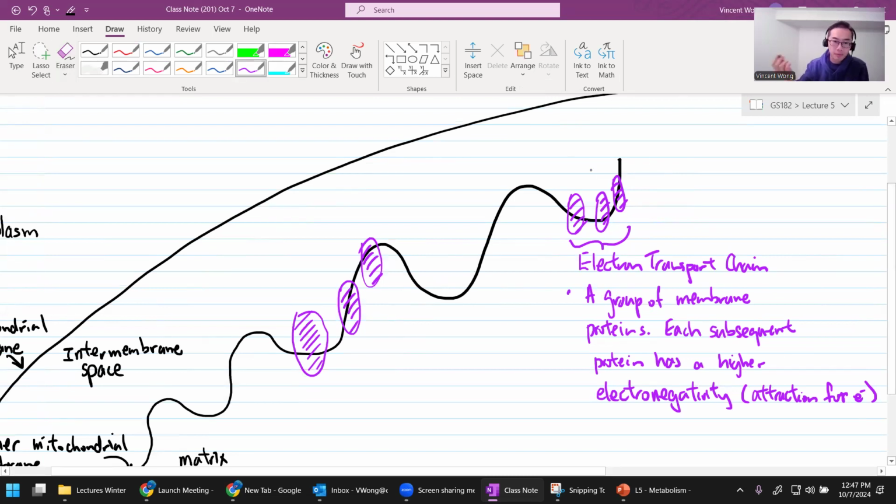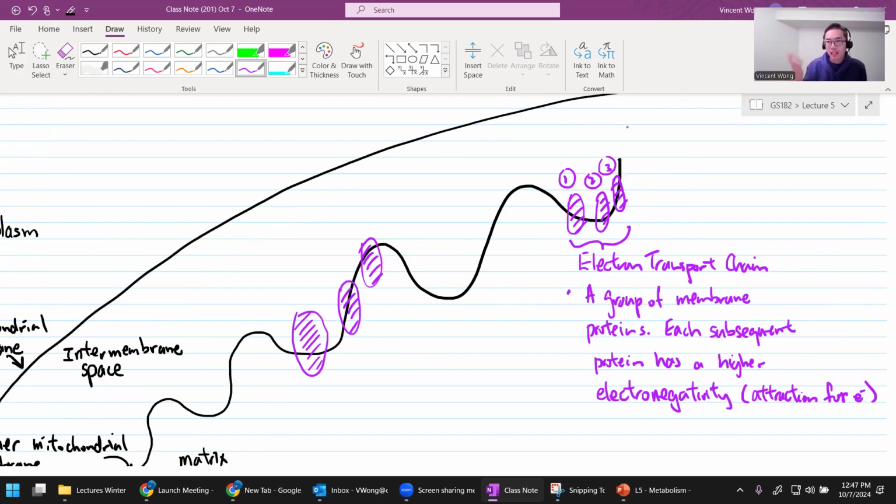They have names, but we're not going to worry about them. I'll call them one, two, three. Just listen for a second, and then you can copy. Number two is going to have a stronger attraction for electrons than number one. And number three is going to have a stronger attraction for electrons than number two. That's what electronegativity means.